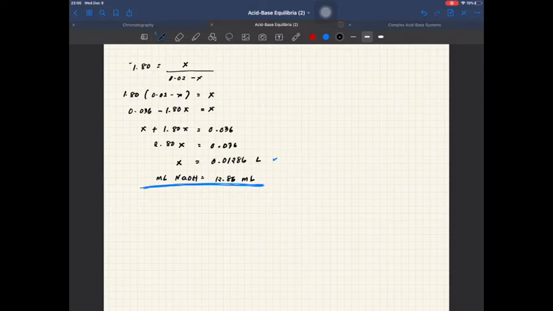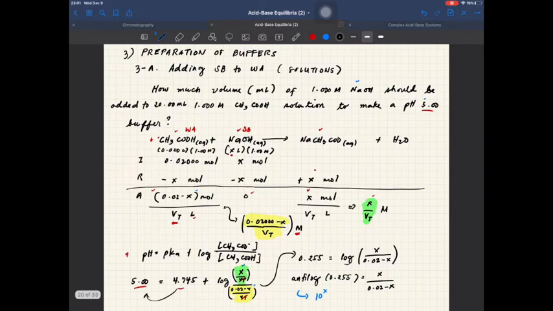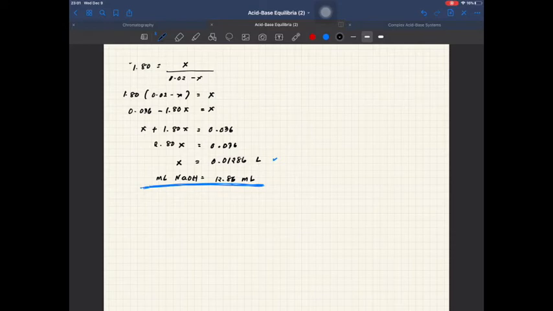Therefore, converting this to mL, 12.86 mL of sodium hydroxide, the concentration is 1 molar, should be added to 20 mL of 1 molar acetic acid solution to make a pH 5 buffer. This is the first means to prepare a buffer solution.